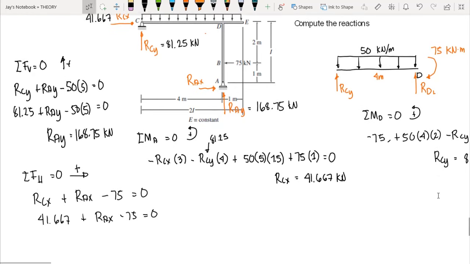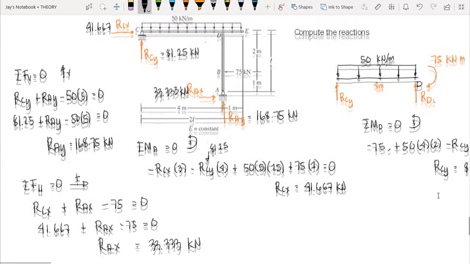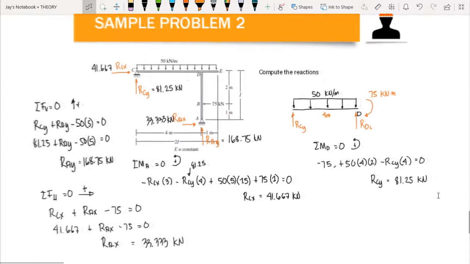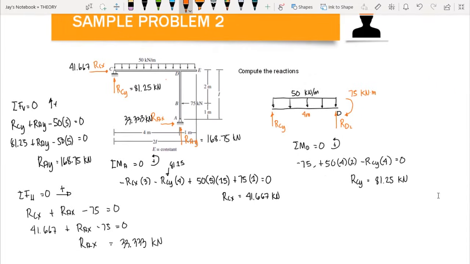So we have RAX, which is equal to 33.333 kilonewton. So we have 33.333 kilonewton for RAX. So these are the reactions of our frame structure. Again, guys, we do not have moment reactions here because we have only hinged external supports.